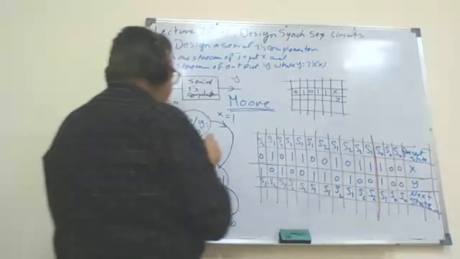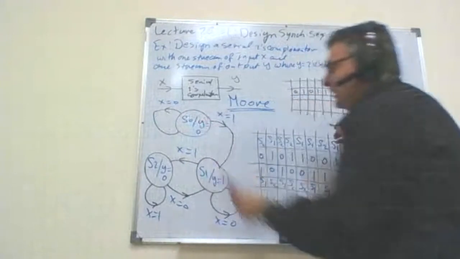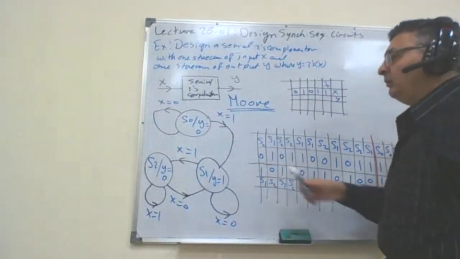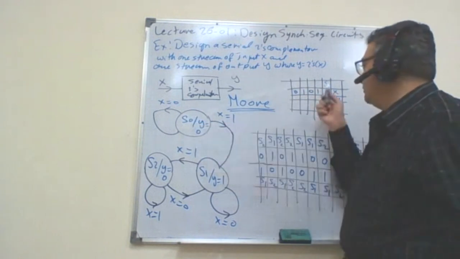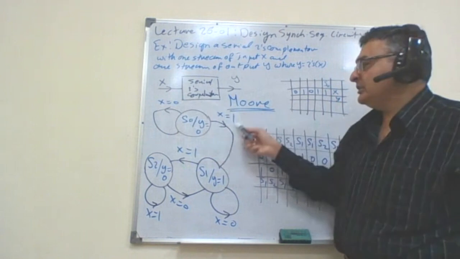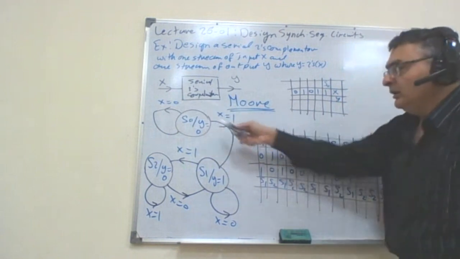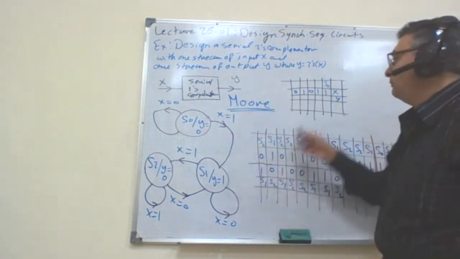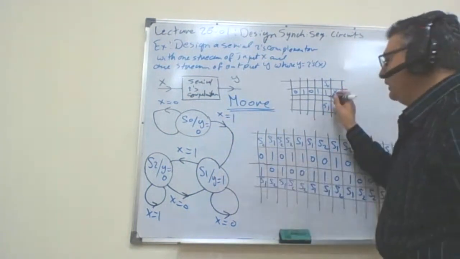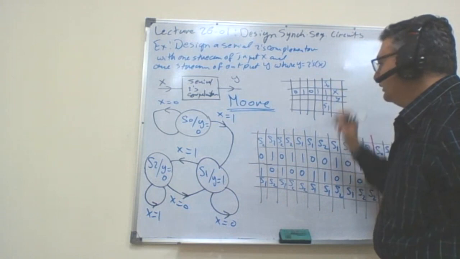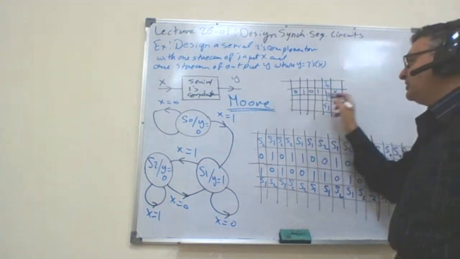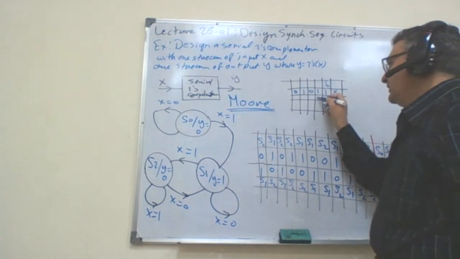Now I'm exercising the state diagram. I'm initially in S0, and x is 0 or 1. X is 1. The state diagram will jump me to S1 and y will be 1. Correct? So let's derive this. What's the 2's complement of this? 1 as it is, then 0, 1, 0, 1.